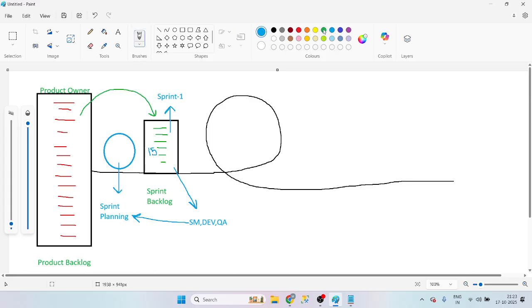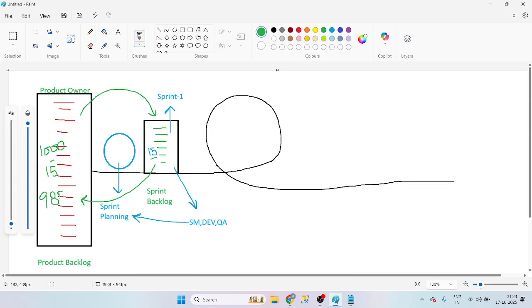The remaining tickets will move back to the product backlog. Now we have agreed for 15 items. Previously we had 1000 items. Now, 1000 minus 15, how many items will be there? 985 items will be there.